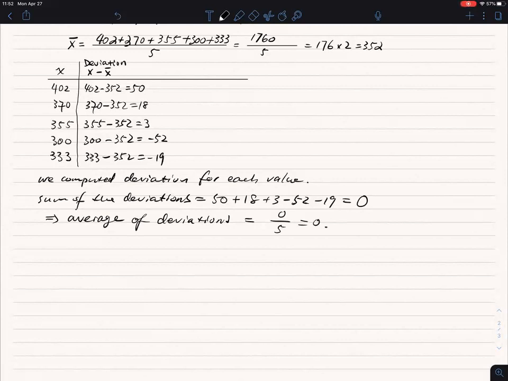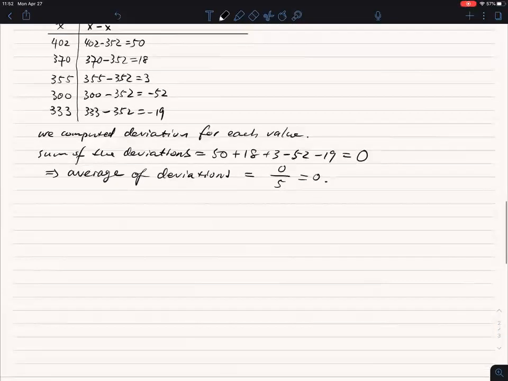Why? Is this just because our data set is so special that it gave us a sum of deviations to be 0? Not really. Actually, the sum of deviations is always 0.